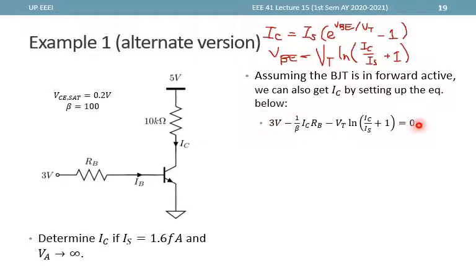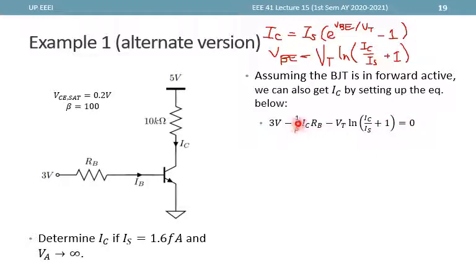So this equation right here is the KVL equation at this part. So 3 volts minus IB RB, but IB is just IC over beta, multiplied by RB, minus VBE, but VBE is VT ln of (IC over IS plus 1), is equal to 0.